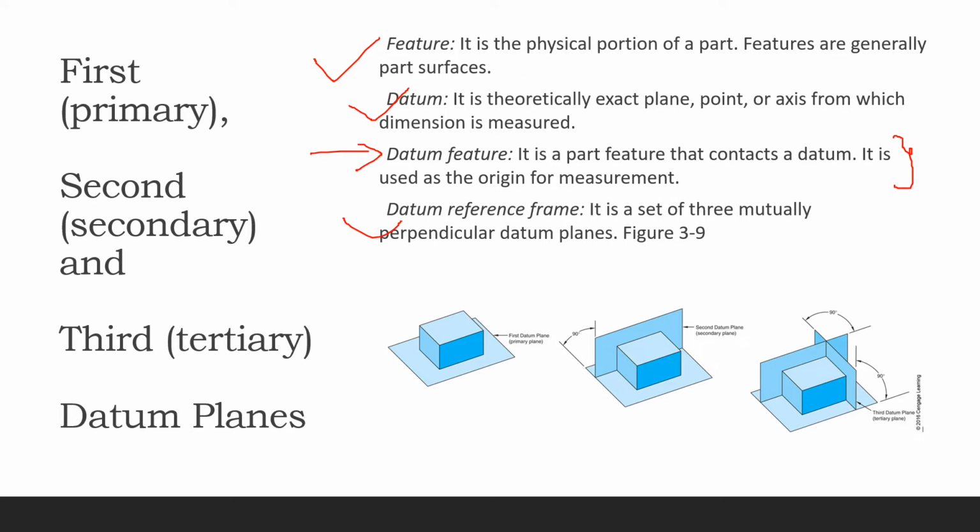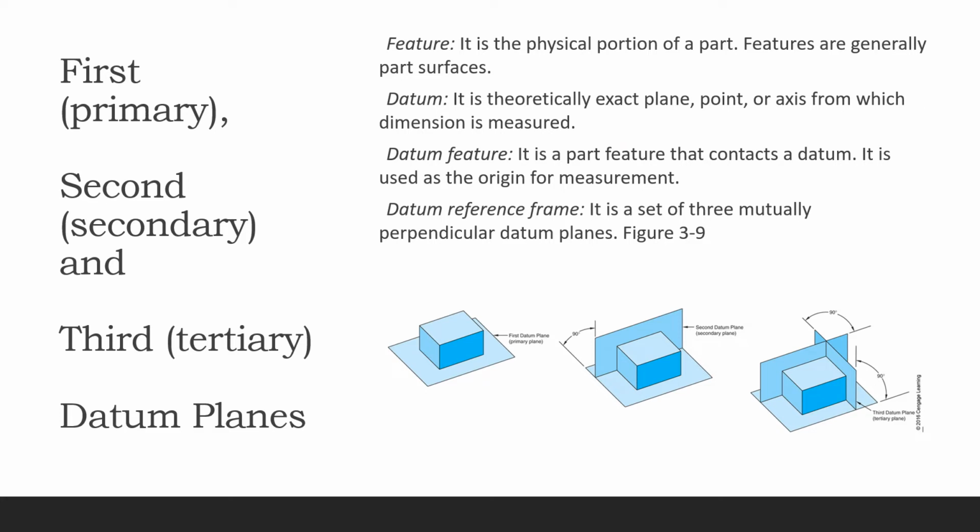I don't know why, this is pretty easy. It's just like a part feature. That part feature is going to be in contact with either a plane, a point, or an axis, and we use that datum feature as the origin to measure something. All right, so I'm going to go ahead and erase.